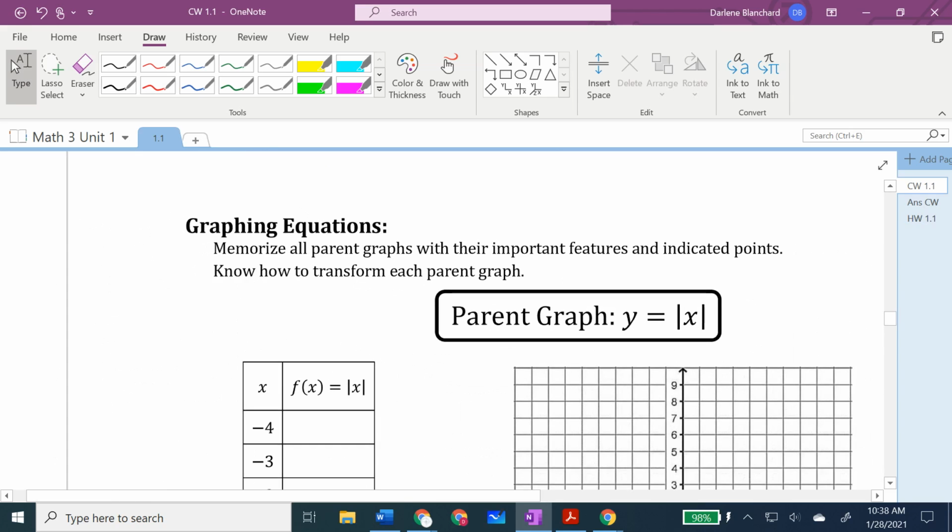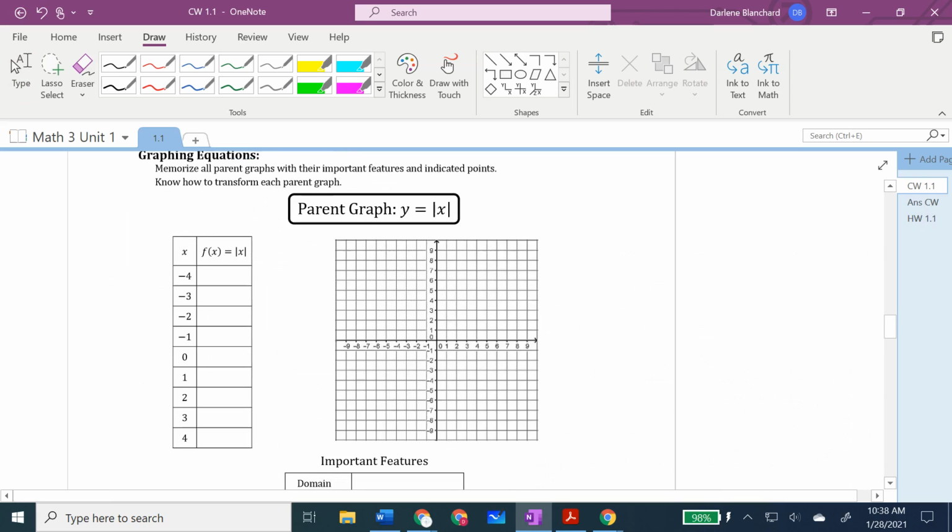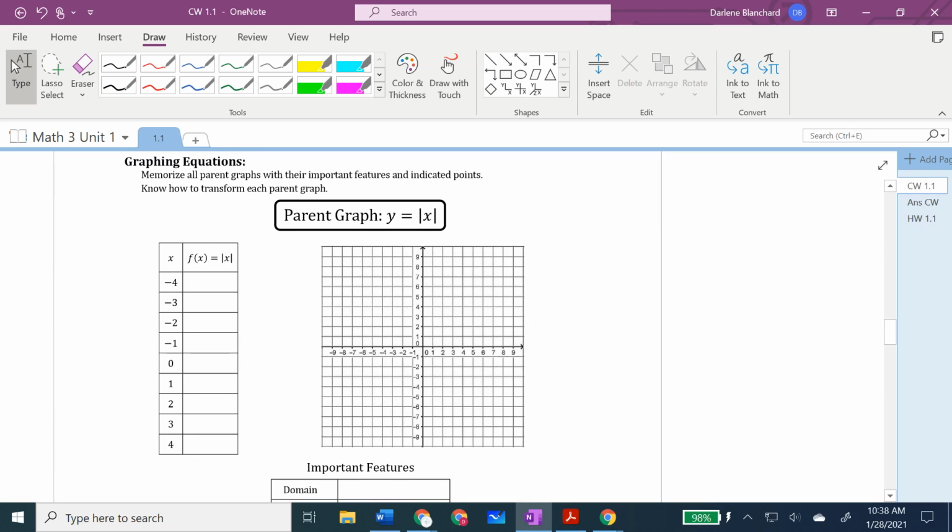Okay, so I'm going to go through graphing a little bit quickly. Let me know if I'm doing it too quickly. For absolute value of x, you should know that that makes the V graph. When x is positive, the absolute value is meaningless, shall we say, and you are really just getting the line y equals x.